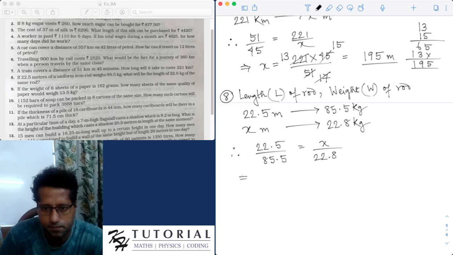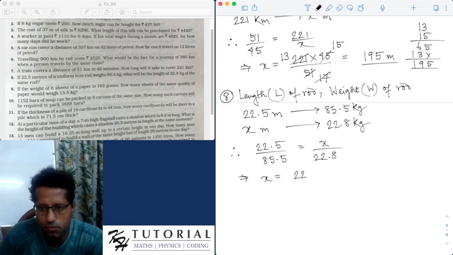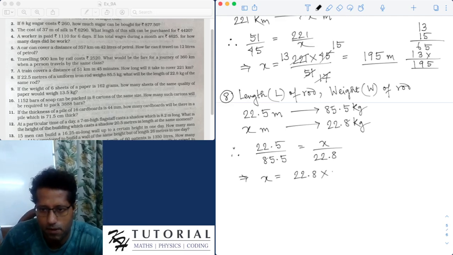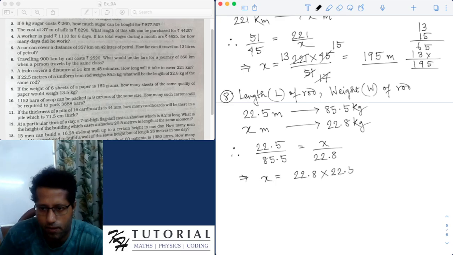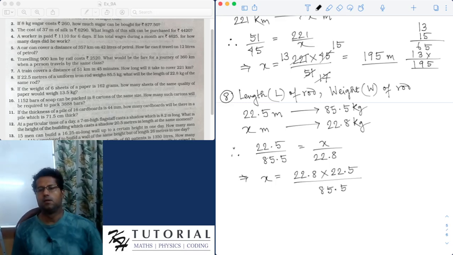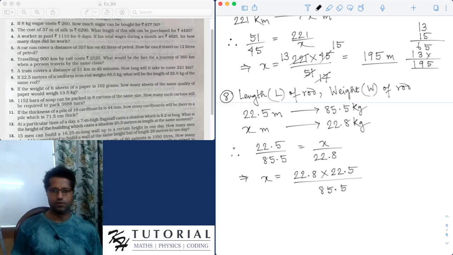This implies that x equals 22.8 multiplied by 22.5 divided by 85.5.